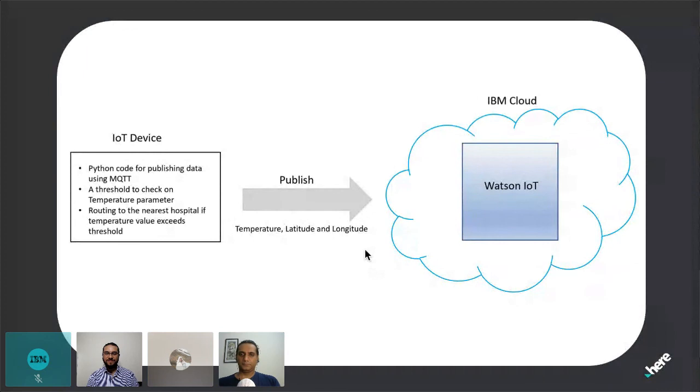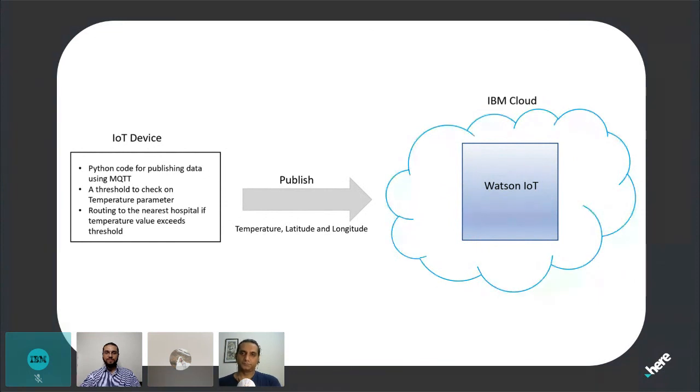So, guys, before going to last week, let me tell you what we were developing. We were creating a system where a device would monitor the temperature of a person and send the data to the Watson IoT platform.